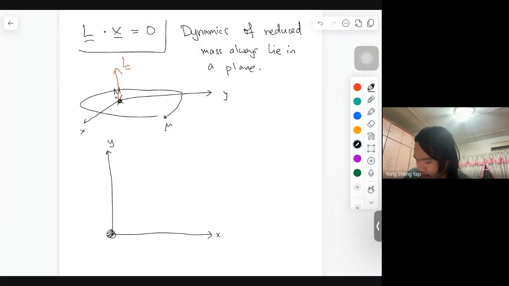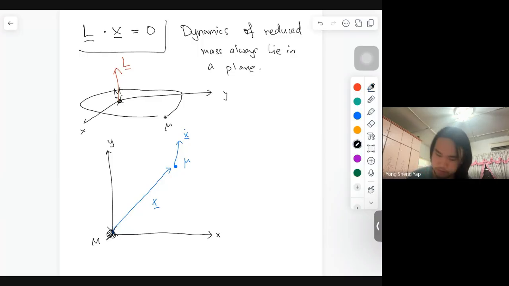and put the center of mass at the origin. And the reduced mass, again, will have position and velocity x and x dot.